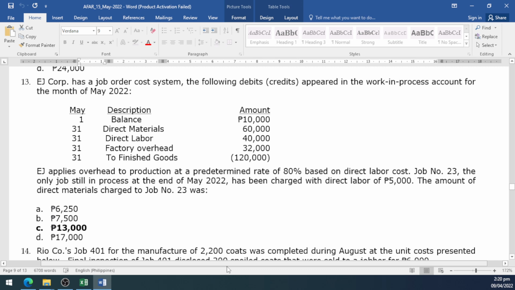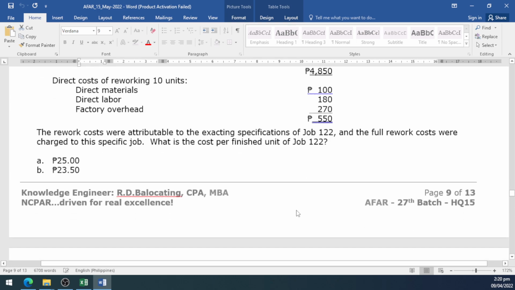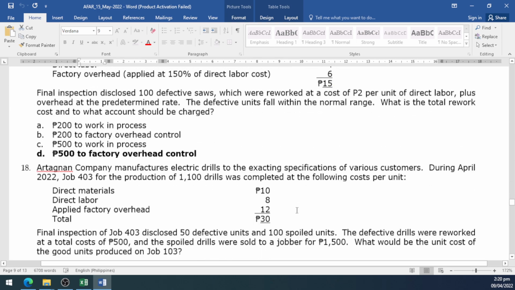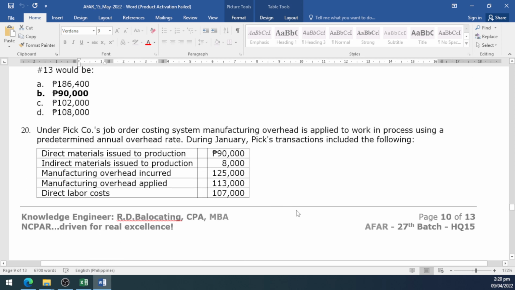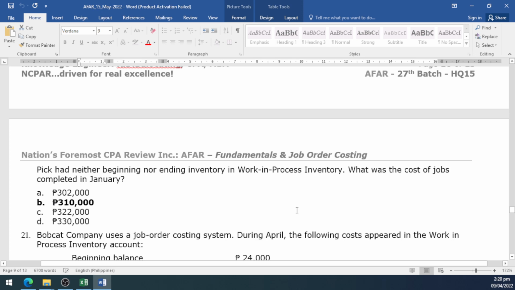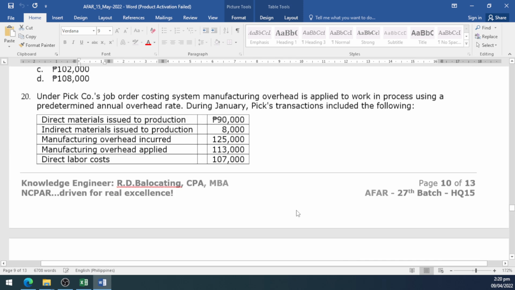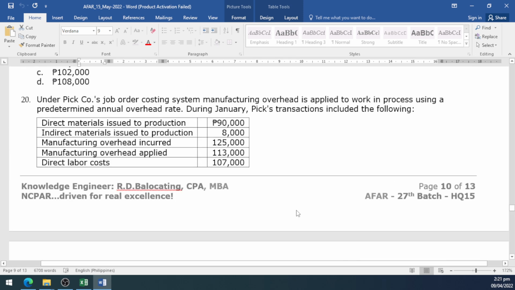Minus overhead, which is 80% of DL, o di minus 4,000. Siyempre, yung balance na 13,000, yan po yung materials. Okay? Yan. So, yun ang sample ng ating analysis ng work in process end.